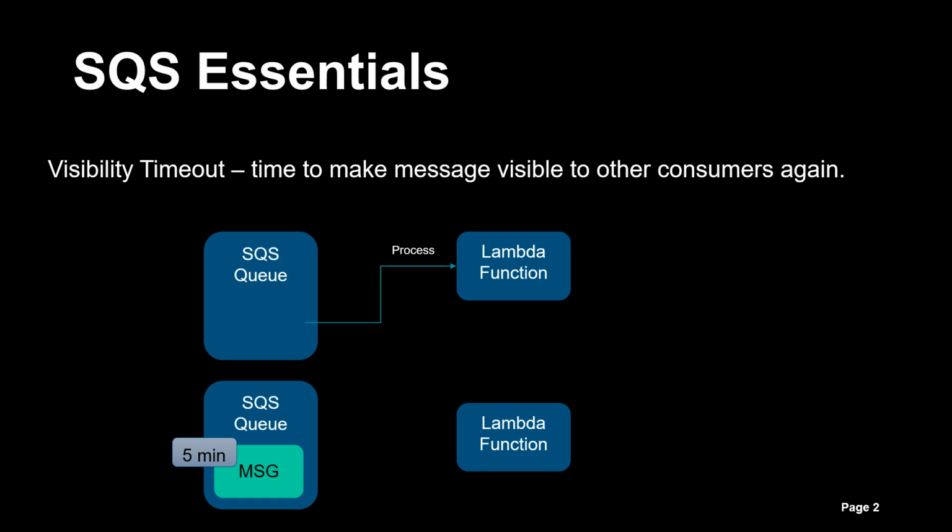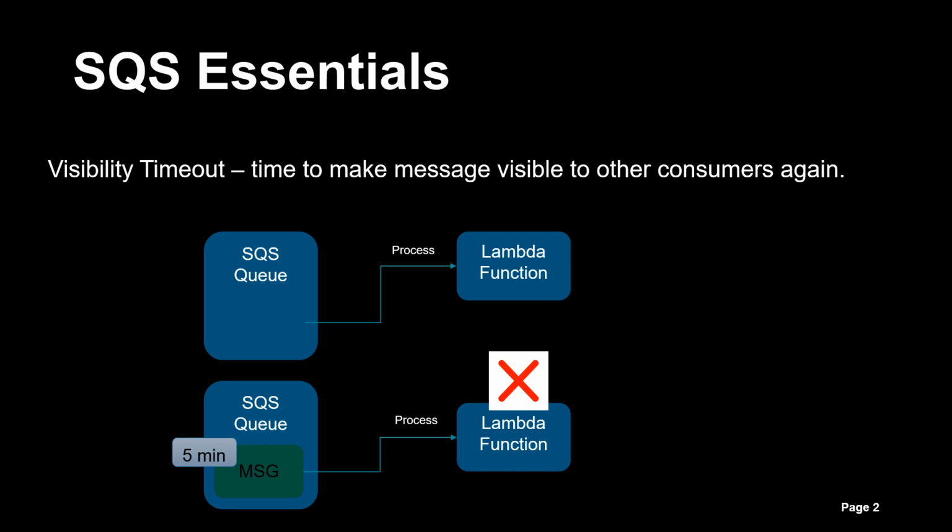But then let's try to focus on the second animation here to understand how exactly it happens in the background. So what happens is once your SQS queue distributes a message to a Lambda function, it hides that particular message, which means that your message becomes invisible, right? Now, let's say your Lambda function, once it starts processing, it fails in the third minute, right?